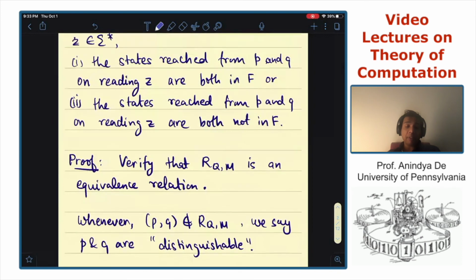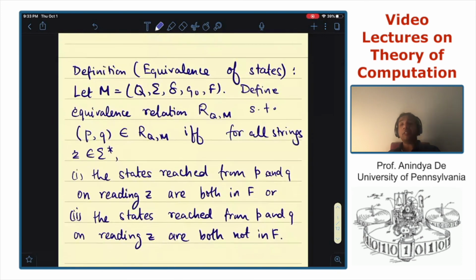Remember, when we defined the equivalence relation R_{Q,M}, we said, suppose I tell you P, Q is not in R_{Q,M}. It means there's a string Z which distinguishes between them. By distinguishing between them, I mean that you start from P and read Z, and you start from Q and read Z, and in one case you go to an accepting state and in the other you go to a rejecting state. So that's what we mean by a string Z distinguishing between P and Q.